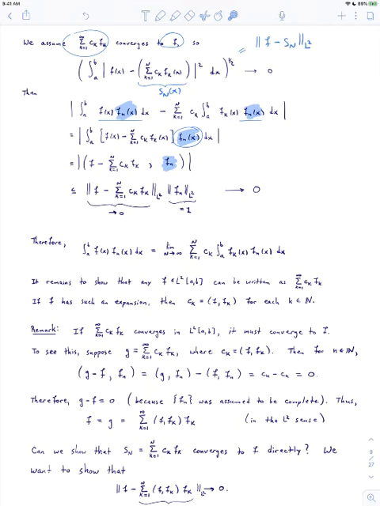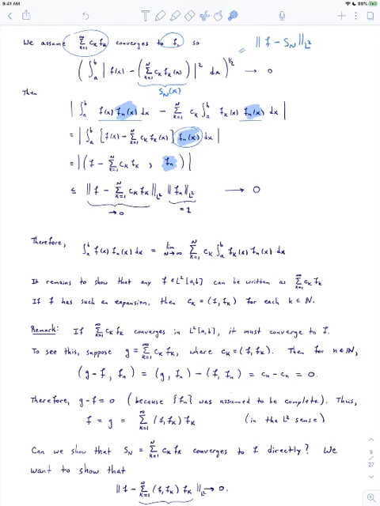We're assuming it converges. Okay, so g minus f, if we look at the inner product of that with fn, we can use the linearity in the first argument to say that that's equal to the inner product of g with fn minus the inner product of f with fn.